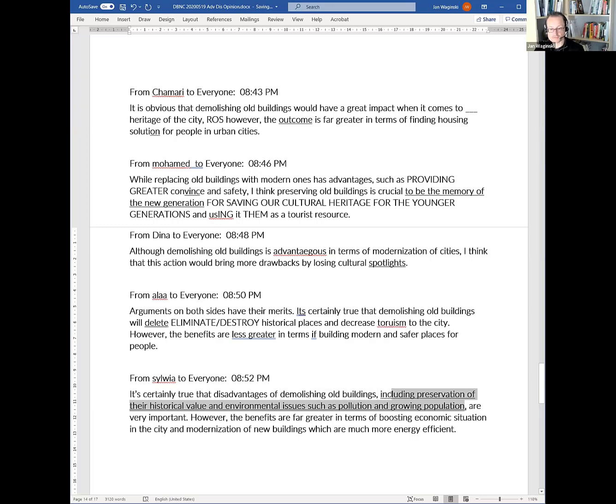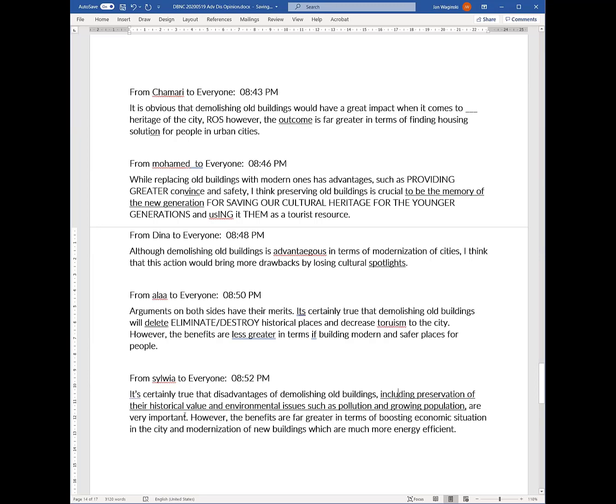You've got preservation of historical value. How is that related to demolishing old buildings? Environmental issues such as pollution and growing population. It's not really clear how these are related to demolishing old buildings. So you're going to have to change something about the reasons: consequences of demolishing old buildings. Yeah, so if you put the consequences, they would be the destruction of their historical value and the creation of environmental problems.